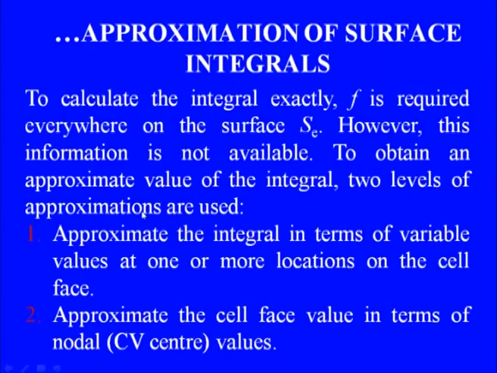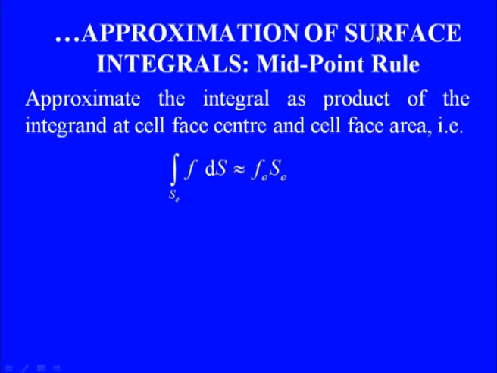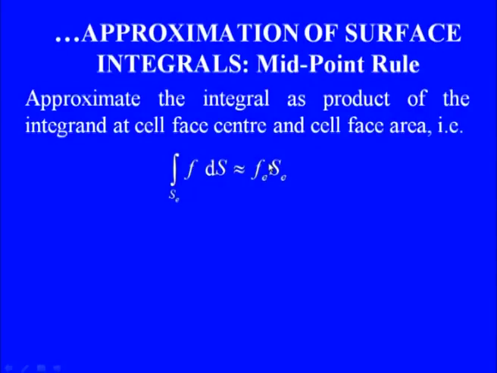We will first have a look at the first approximation, that is, how do we approximate the integral in terms of the values of the variable f at one or more locations on the cell face. The first approximation scheme is called the midpoint rule. It looks extremely simple, but it is extremely useful and powerful. It is the one which is used almost exclusively in unstructured finite volume codes.